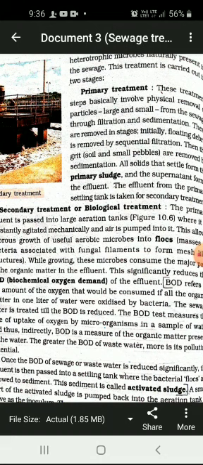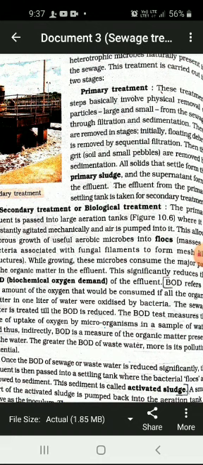Once the BOD of sewage or wastewater is reduced significantly, the effluent is then passed into the settling tank where the bacterial flocs are allowed to sediment. The sediment is called activated sludge, which contains flocs of microorganisms with a large number of bacteria and fungi.